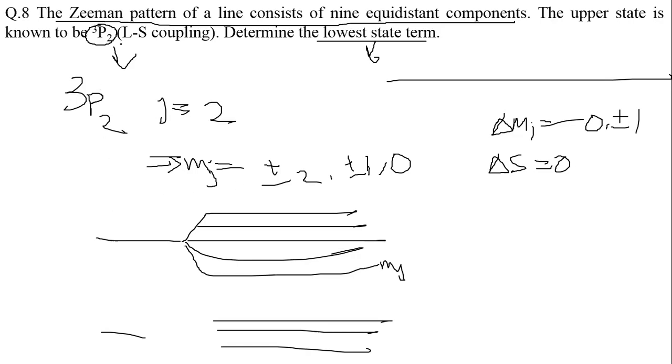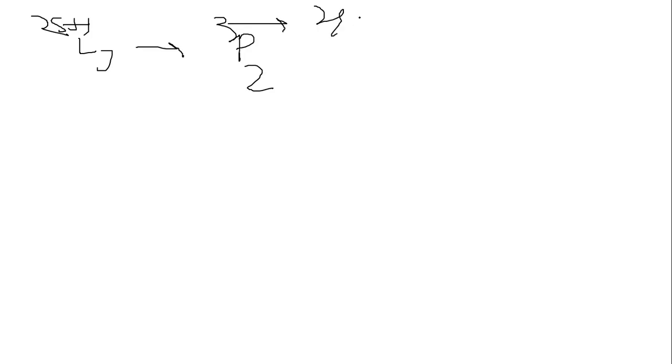Like here it is 3p2, the lowest state term will also be 3, that is 2s plus 1 equal to 3, because as I said the spectroscopic notation is 2s plus 1 lj. So this is given 3p2. So this 3 is 2s plus 1, which gives s equals to 1.